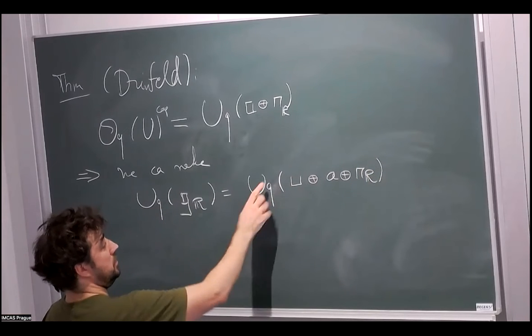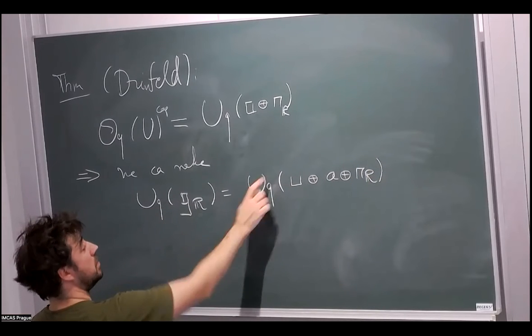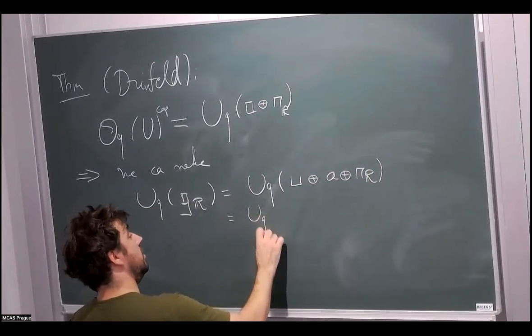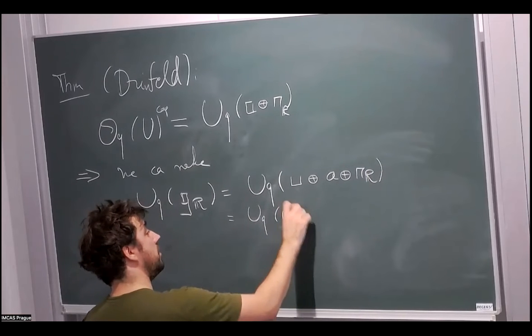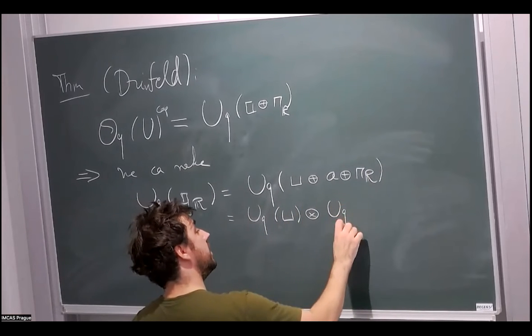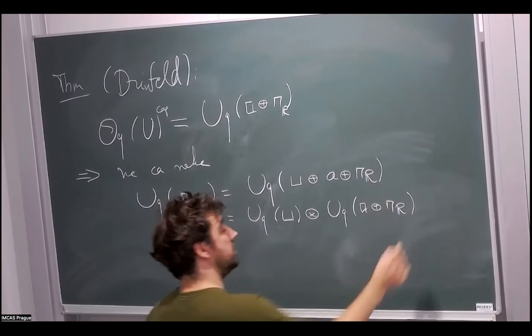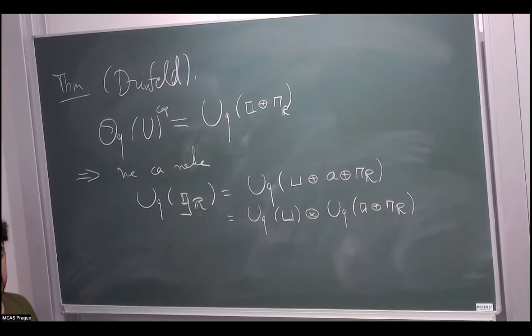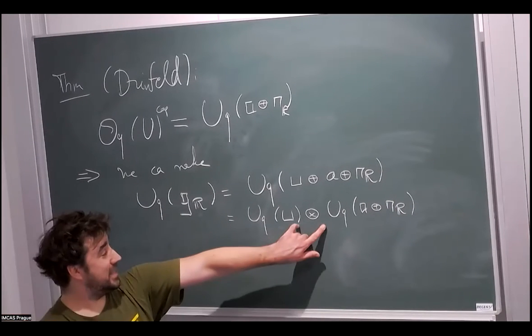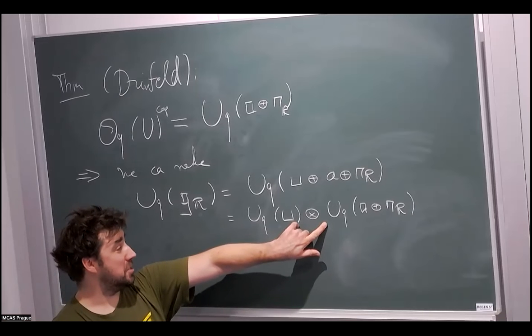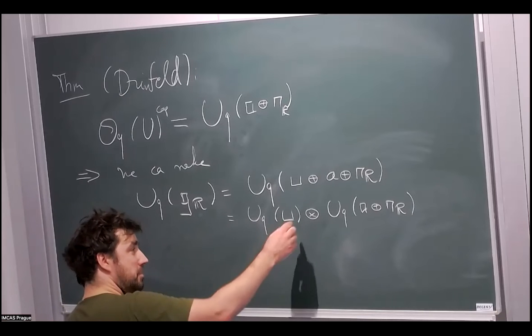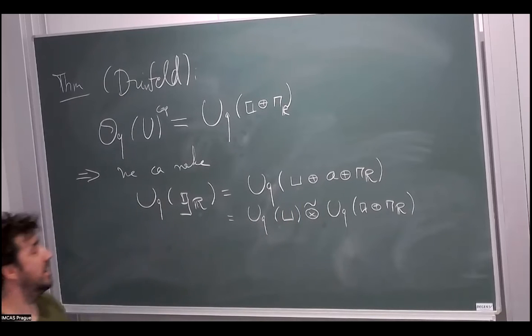So this is a universal enveloping algebra of a direct sum, while it should be something like a tensor product of the universal enveloping algebra of U and the quantized universal enveloping algebra of A plus N_R. Of course, this will not be a tensor product just of my algebras. So this will just be a tensor product of vector spaces, and I'm not done yet.